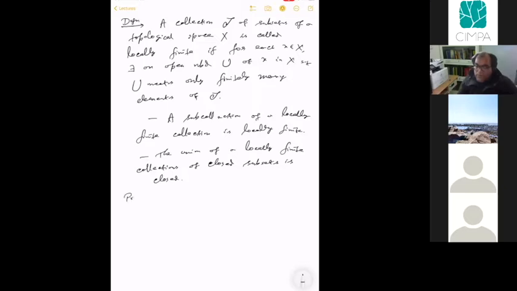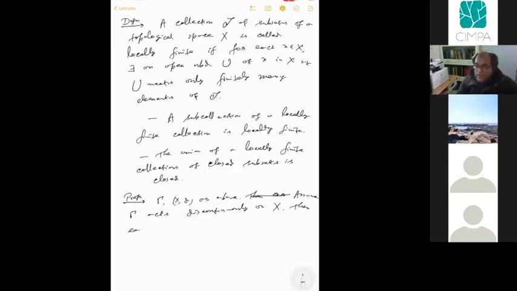Proposition: assume Γ acts discontinuously on X, as above.